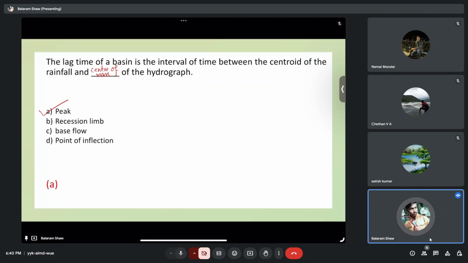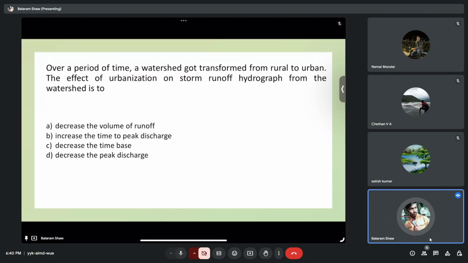time, a watershed got transformed from rural to urban, the effect of urbanization. So what is mentioned is that for a period of time, some time has passed, a watershed has got transformed from rural to urban. So before it was rural, and now it is urban. The effect of urbanization on the storm runoff hydrograph from the watershed is to dash.